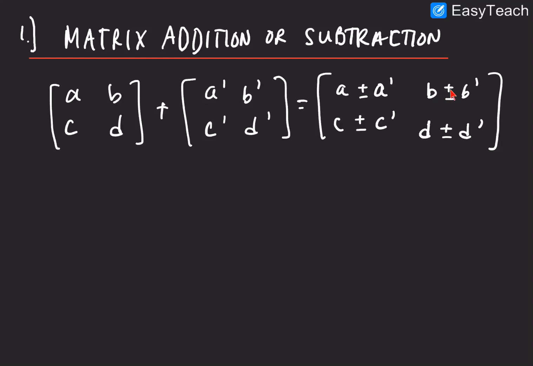The b plus or minus b prime. So the addition and subtraction is not that bad. And the c plus or minus the c prime, you're only adding those. D. Okay, I hope you get the point.